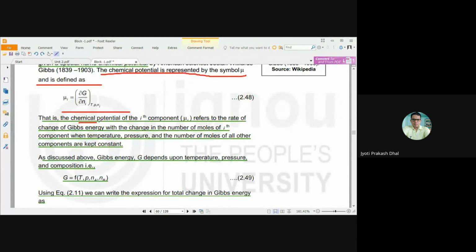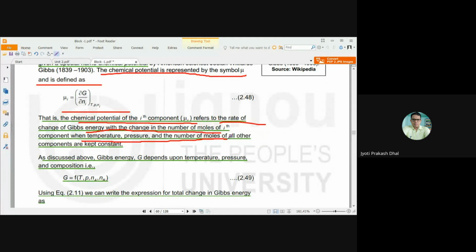That is, the chemical potential of the ith component, mu i, refers to the rate of change of Gibbs energy with change in number of moles of the ith component when temperature, pressure and number of moles of the other components are kept constant.